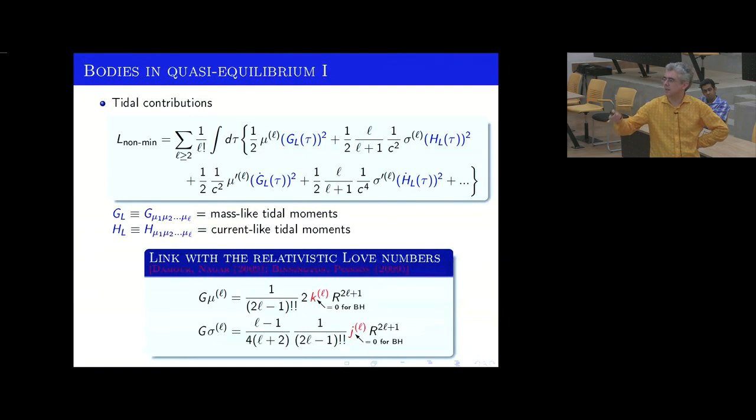This is for each body that we have this action. And for the quadrupole dominant contribution, L equals 2, this is R to the power 5. And remember that R is like 1 over c squared for a compact object. So this is a 1 over c^10 effect, a 5PN effect. It's a very small effect, this tidal effect. Also, it's interesting to investigate, as we saw yesterday.